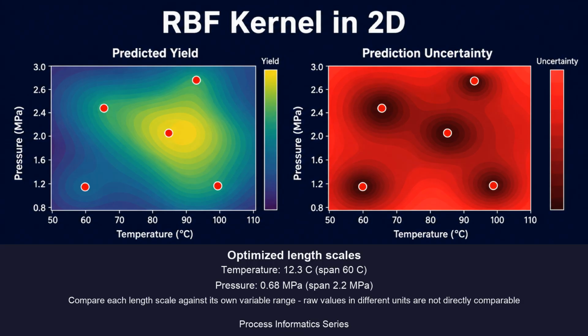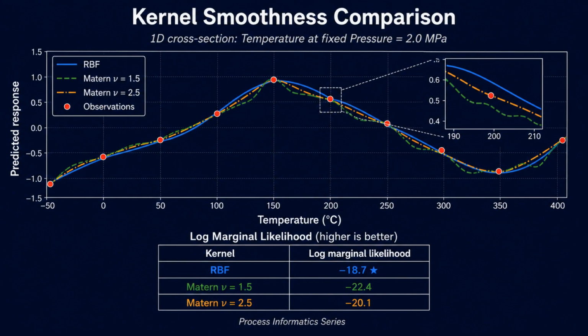Because the two are in different units, we compare each against the range it was fitted over, roughly 1/5 of the temperature range versus 1/3 of the pressure range, which means the yield actually varies slightly faster along the temperature axis.